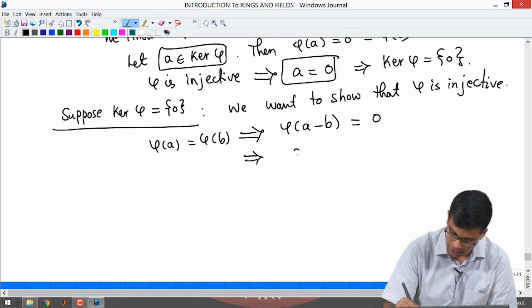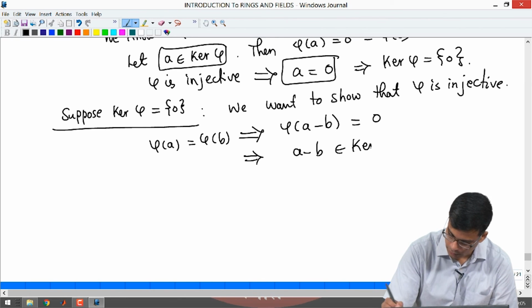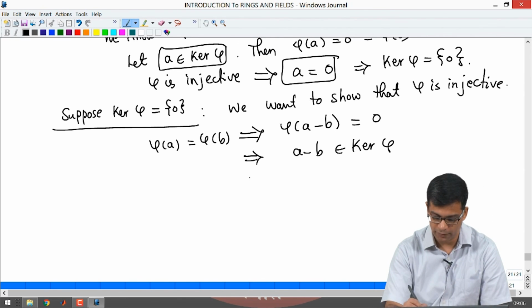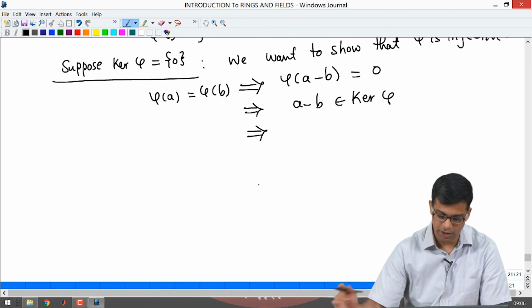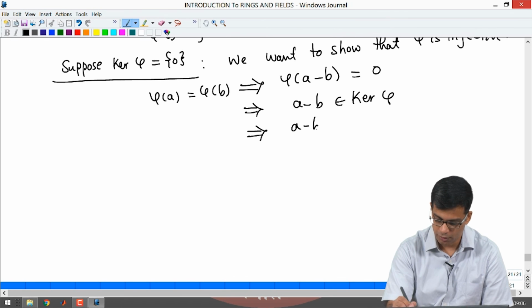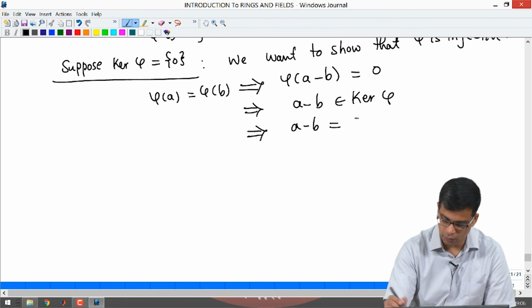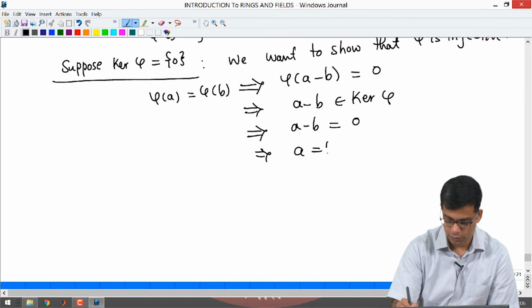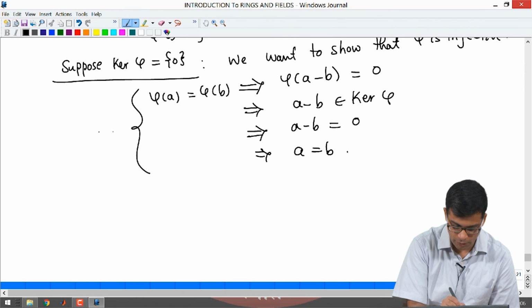That means A minus B is in kernel phi, which is again the definition of the kernel. I have assumed the kernel is just the 0 element, so A minus B is equal to 0, that means A equals B. So, this implies phi is injective.